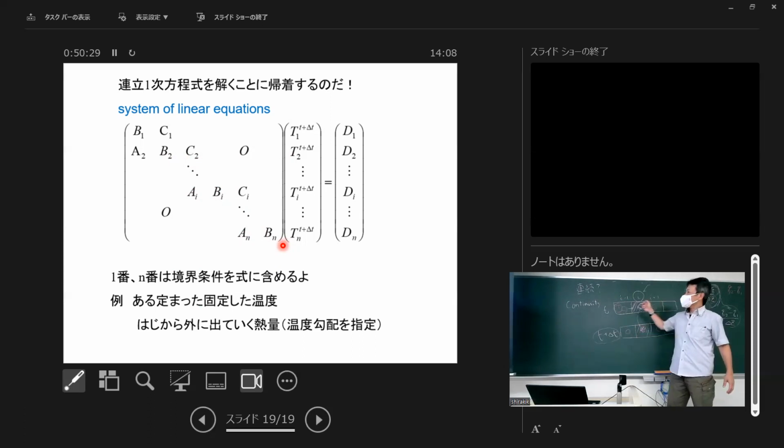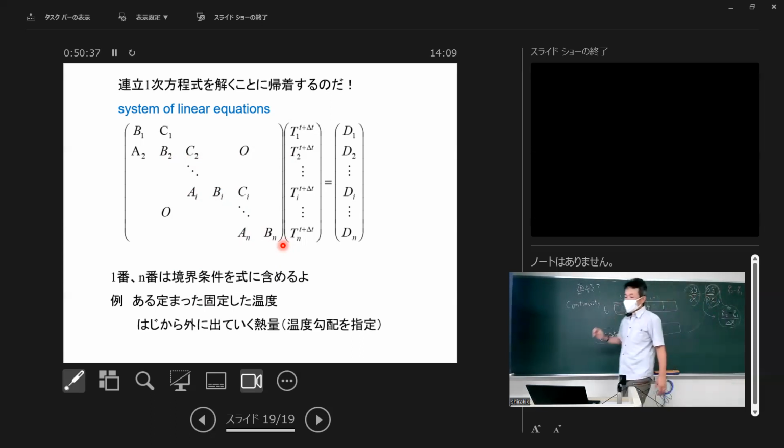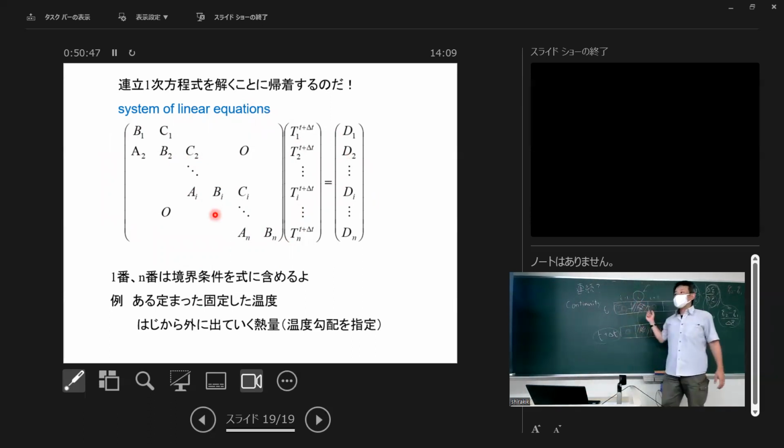We can say that the one-dimensional numerical equation is very easy because it's very easy to solve this system of linear equations, this matrix. We can calculate this very easily. So one-dimensional numerical simulation is easy.